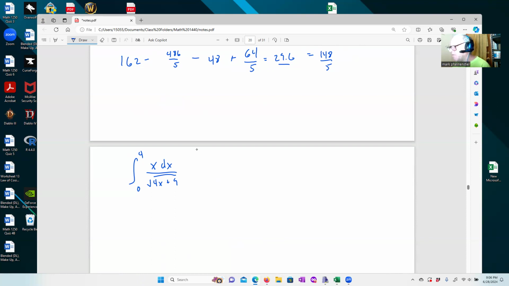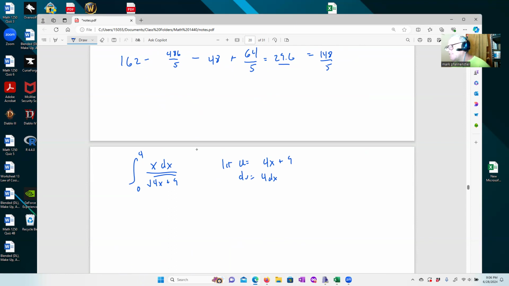So it's going to get both of these things. We have a denominator with a square root of 4x plus 9. That doesn't look that much fun. But I realize, hey, let u equal 4x plus 9. So du equals 4 dx.